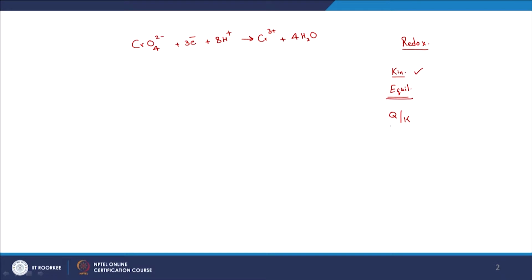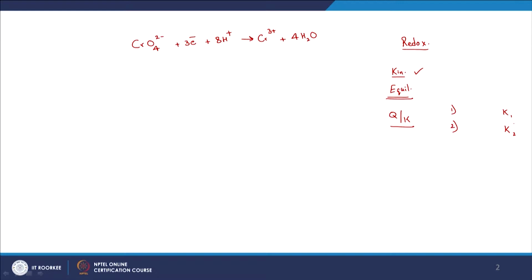In that context, we looked at two approaches, and one of them was looking at Q by K. So how did we get here? For one half reaction, we can obtain the relevant K1, the equilibrium coefficient. For the second half reaction, get the relevant equilibrium coefficient again.